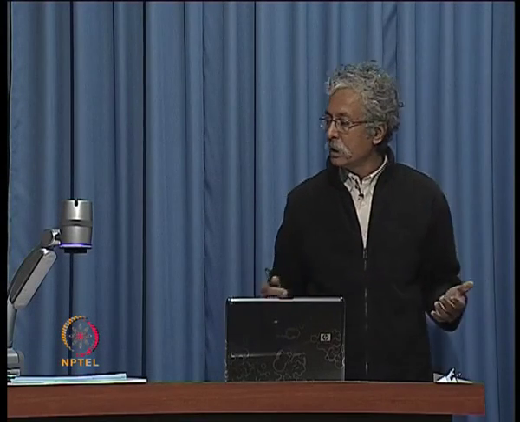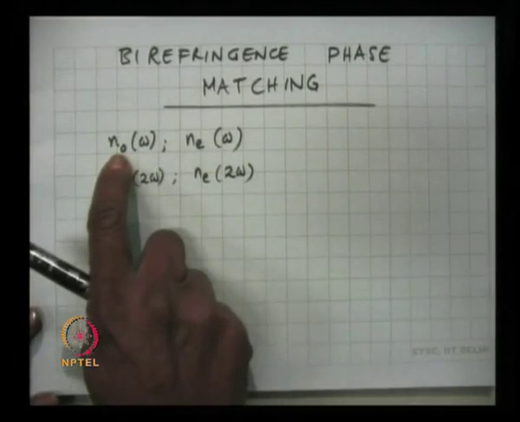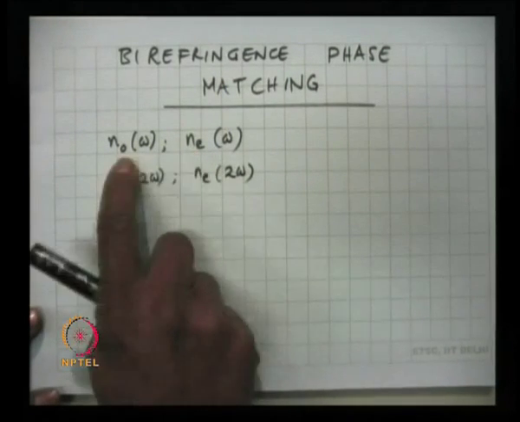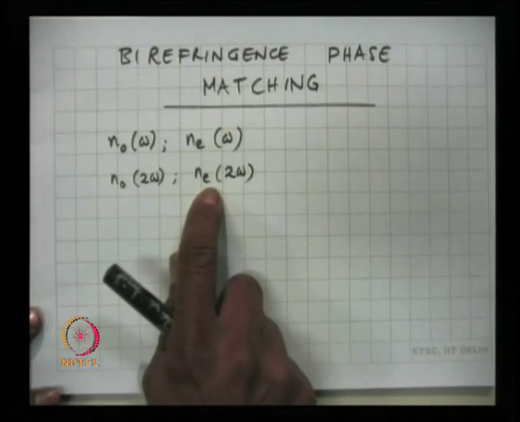So if I look at second harmonic generation of a 1 micron wave, I will have the ordinary and extraordinary indices of the medium at the frequency corresponding to 1 micron wavelength, and the ordinary and extraordinary refractive indices corresponding to 0.5 micron wavelength.